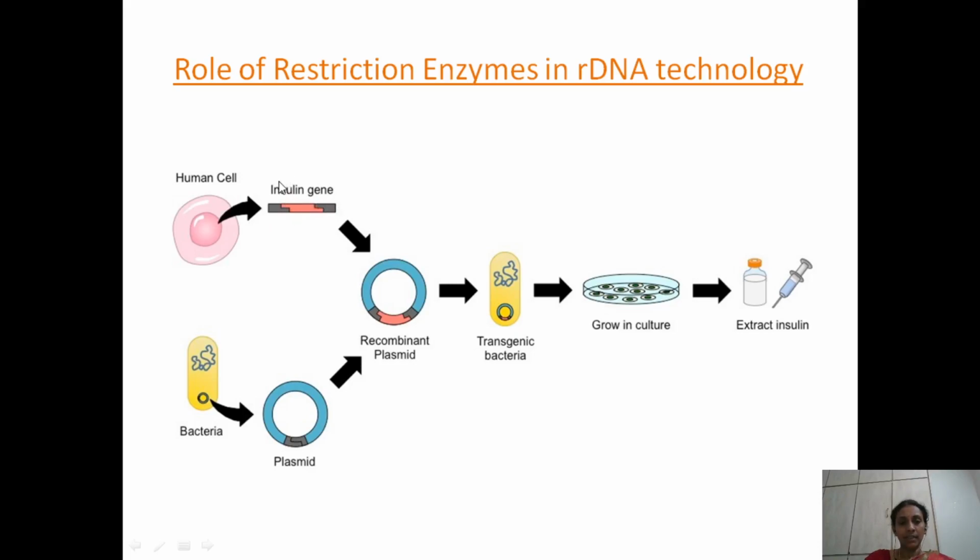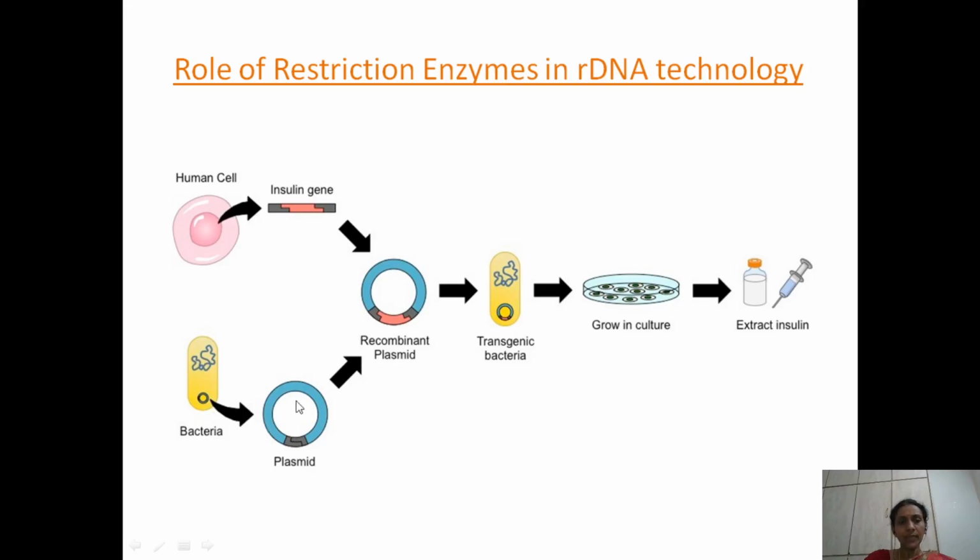For this, we use restriction enzymes. We'll cut this fragment from the whole length of DNA and we'll only use this part. So in order to cut the whole length of DNA, we need restriction enzymes.